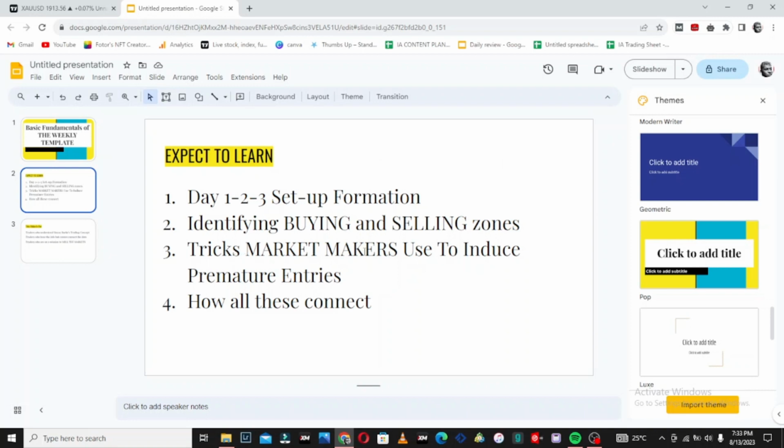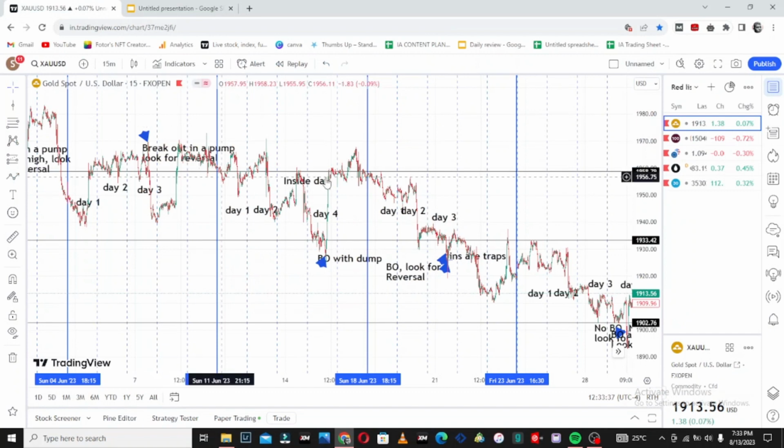Tricks the market makers use to induce premature entries, the pins and the wicks. How all this connects. Now you've seen that for every breakout at the high of the week, we have a reversal. That is the simple connection. For every breakout, there is always a reversal.